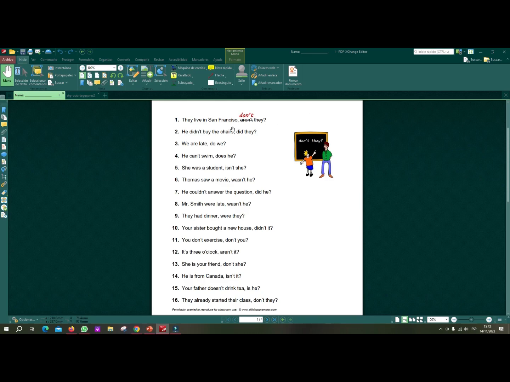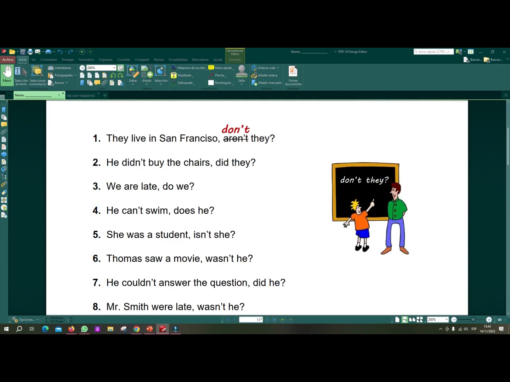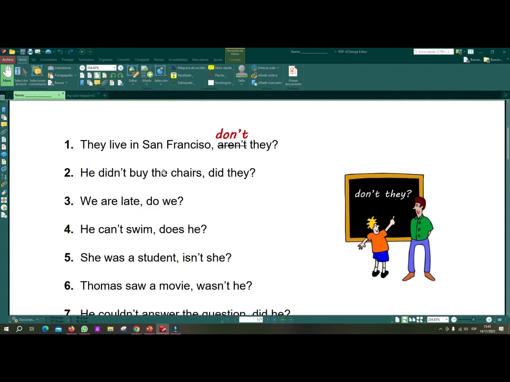So in this case, you don't need to have aren't, right? Because here you have a simple present tense. You're not using the verb to be. So you need to have don't. So they live in San Francisco, don't they? Right? What about the number 2? Let's do this as an example. He didn't buy the chairs.